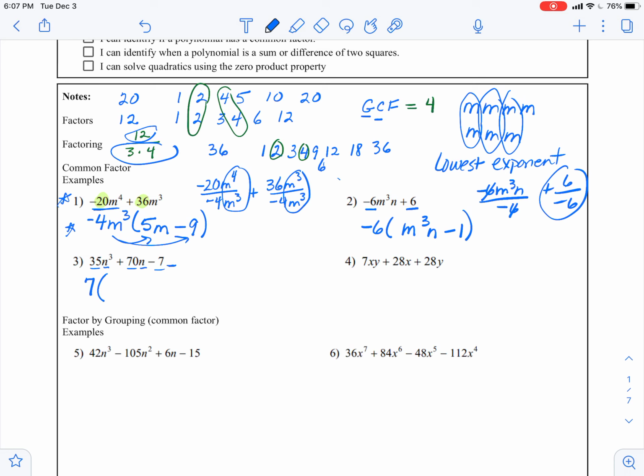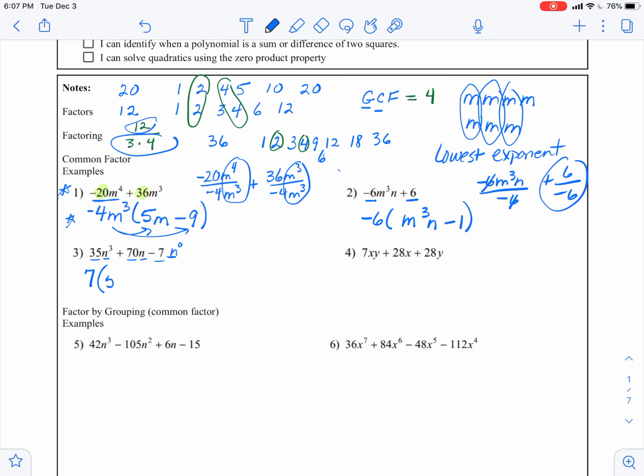Remember, we go with the lowest, and in this case, this would be your n to the 0. So 35 divided by 7 would be 5, and you still have the n cubed left. 70 divided by 7 would be 10, and you still have the n left. And negative 7 divided by 7 would be a negative 1. And again, think back. If I go back and distribute that, would I get what I started with?